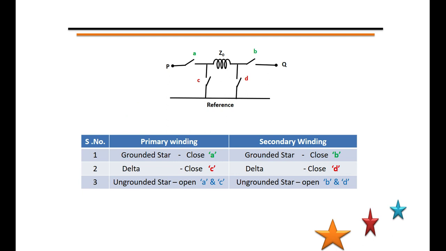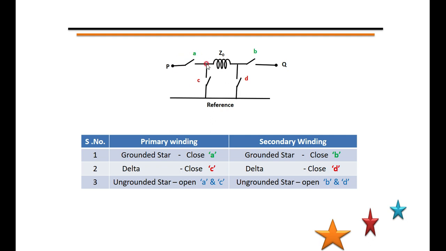Just recapping the switching diagram, which is useful for deciding the connection between P and Q for the transformer in the zero sequence mode.